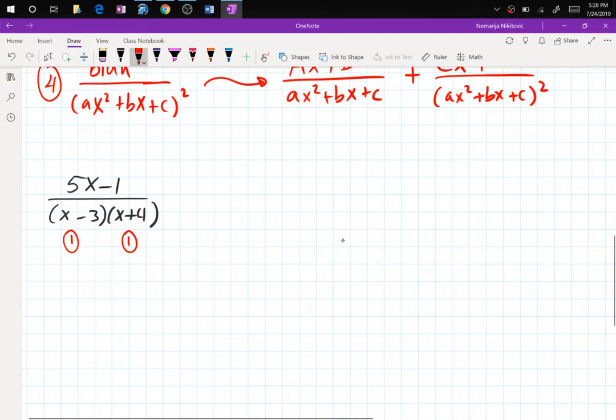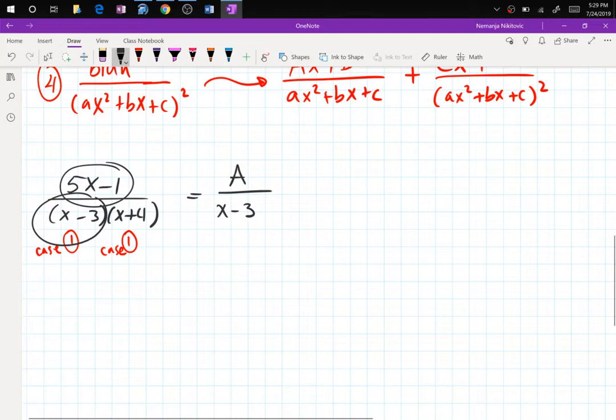It's a case 1 because you have linear terms. Since it's a case 1 term, your job is to put A divided by x minus 3. Remember, it was a blah over the linear term, and you write what it is.